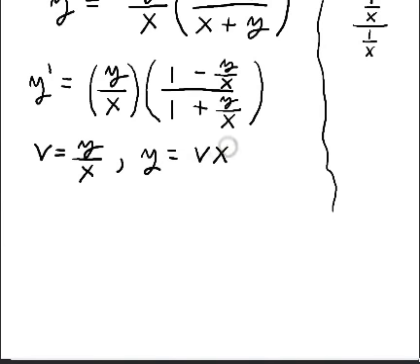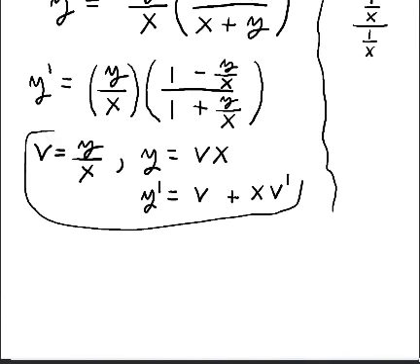And calculating the derivative of y with respect to x, we have that y prime is equal to v times the derivative of x, which is 1, plus x times v prime.